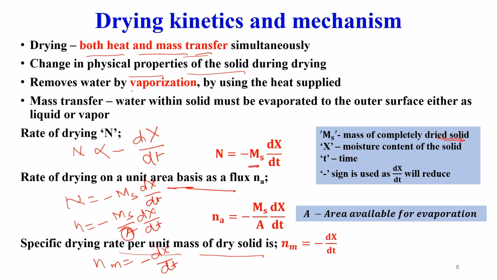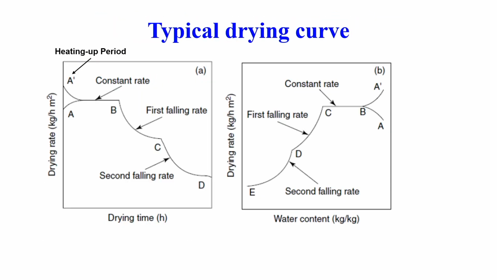It removes water by vaporization using the heat supplied. And how does mass transfer take place? Water within the solid is evaporated to the outer surface, either as liquid or vapor. So water goes out from the solid in the form of water vapor, and you can see the typical drying curve, in terms of drying time and water content.